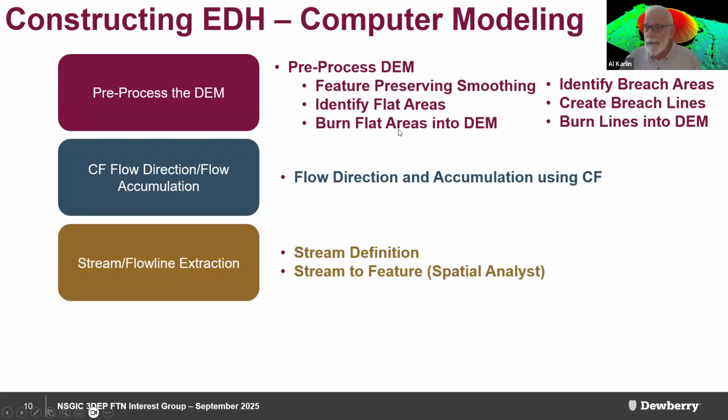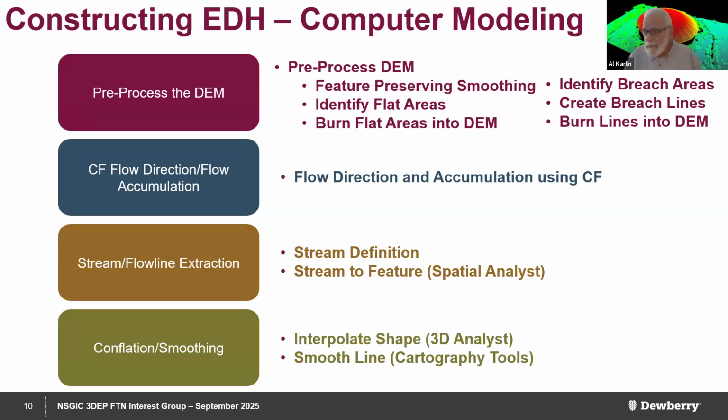From those flow accumulation rasters, with the help of the flow direction raster, we designed new tools to define where channels are most likely, streams and flow lines, and finally a stream to feature tool, which is in Spatial Analyst 3.5 and above.